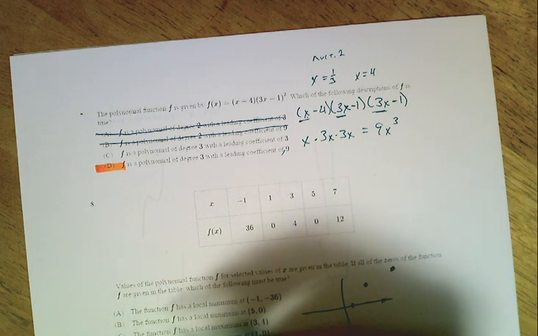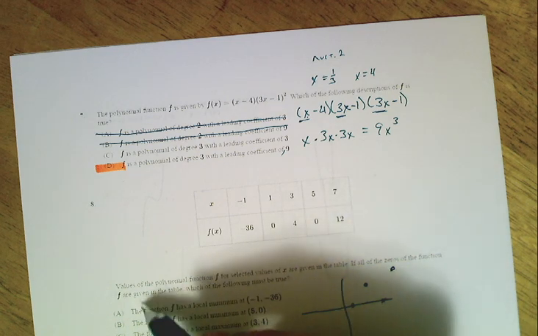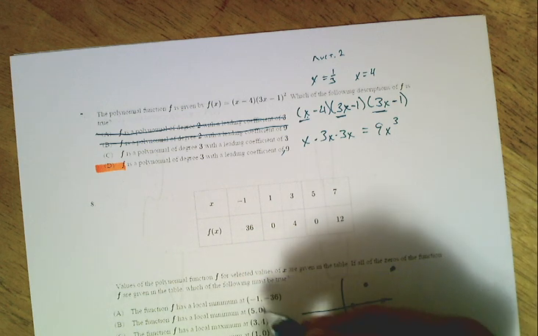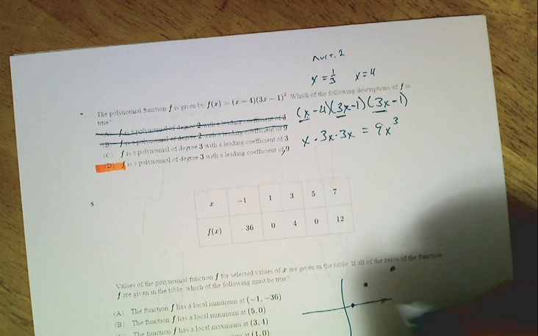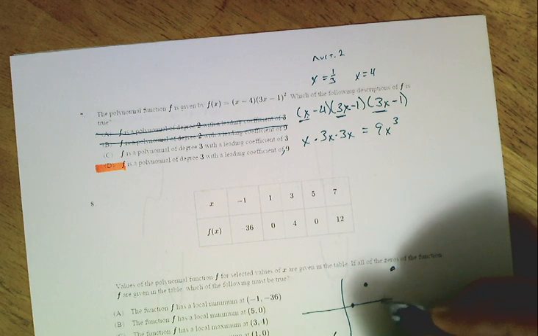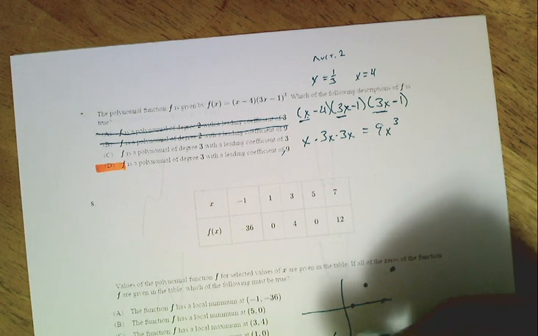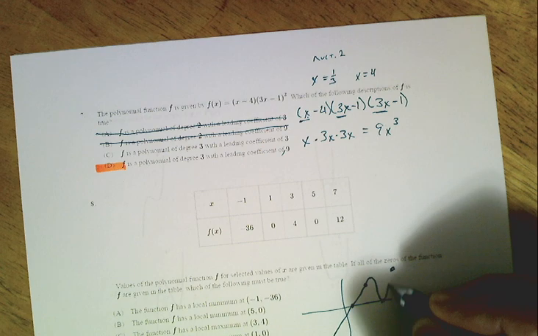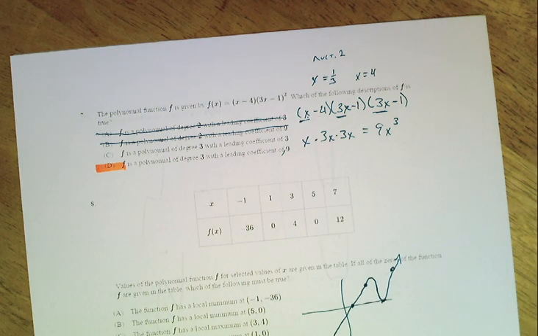And we should know, do any of these have to be true? The function has to have a local minimum at -1, -36. And it doesn't. If I draw this right here and connect all these dots, it would not be the case.